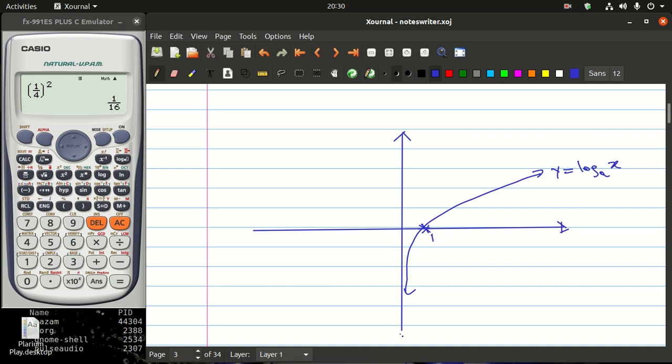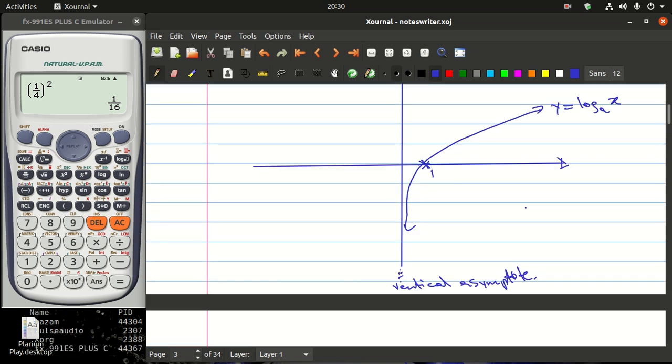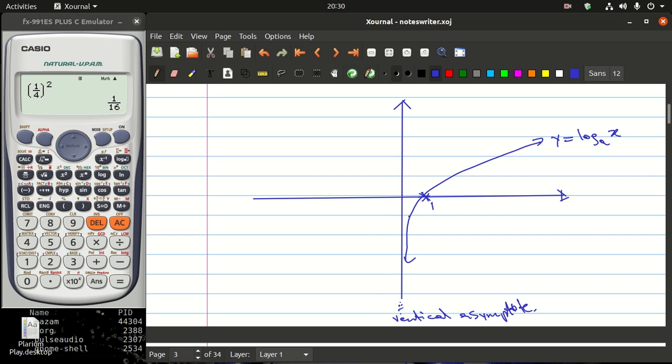But the y-axis now becomes a vertical asymptote for this particular function. Now, what is the domain of this function? Remember that this one here is when a is greater than 1.